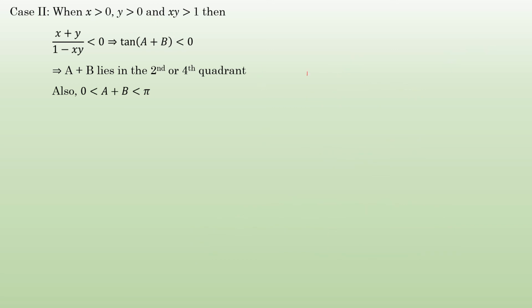You see here. The first one tells us that the angle a plus b is either in this quadrant or in this quadrant. This is the first case. And secondly, it is telling us that a plus b will lie from 0 up to pi. And what is the common part? This part is common.